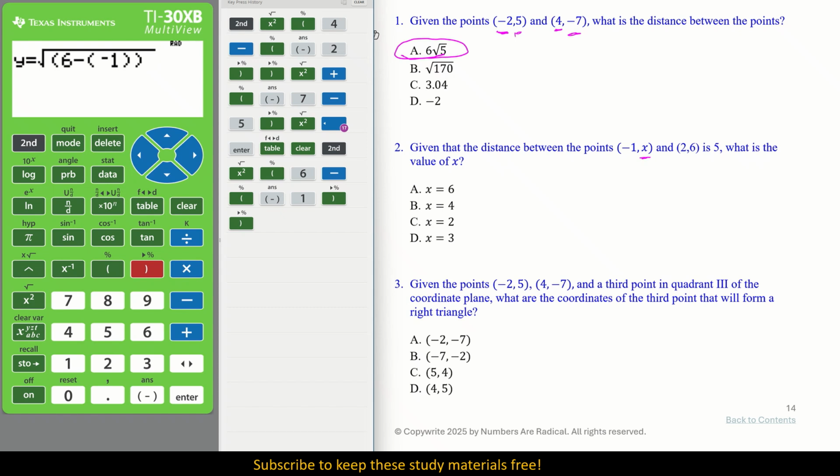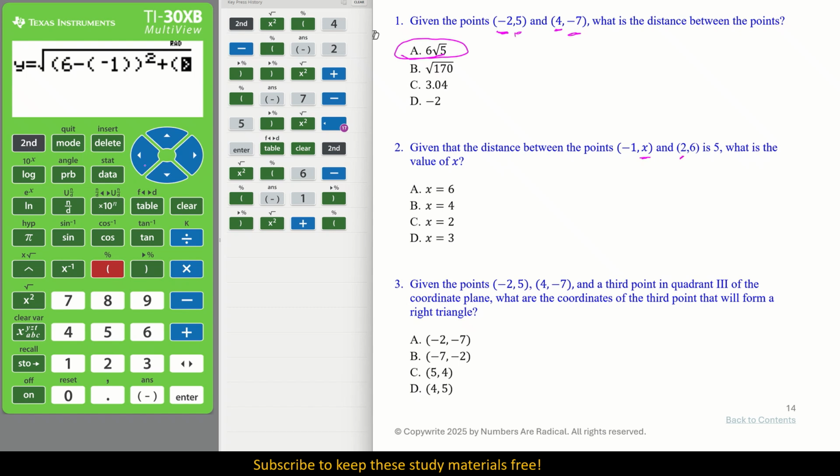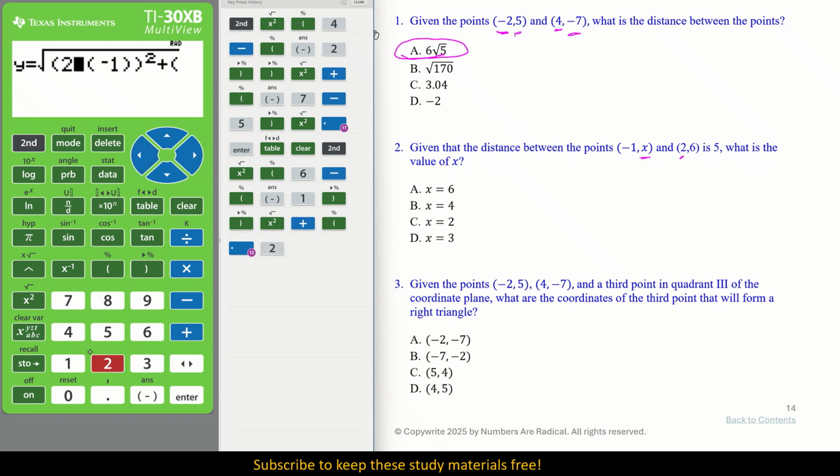Remember, you got to type twice. Push your square. Now we add, open parentheses, and we need, uh-oh, I did the wrong thing. We need the x, and I put 6 instead of the 2. It's not a big deal. Just type over. You probably saw it right away and you thought, what is she doing?